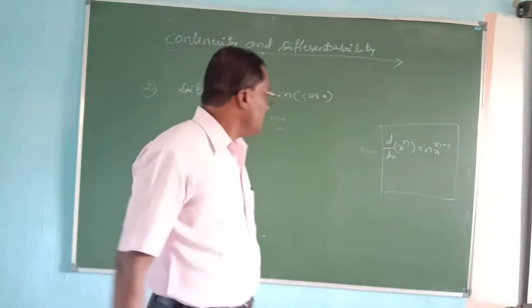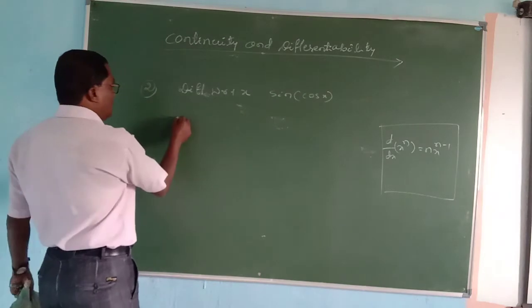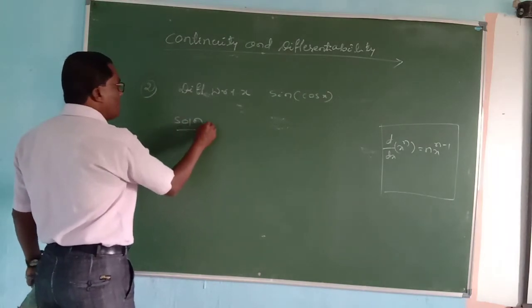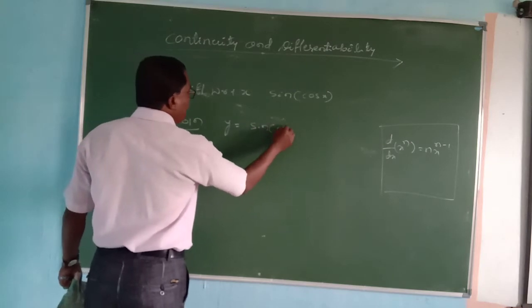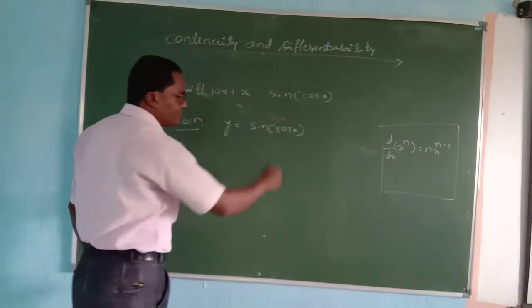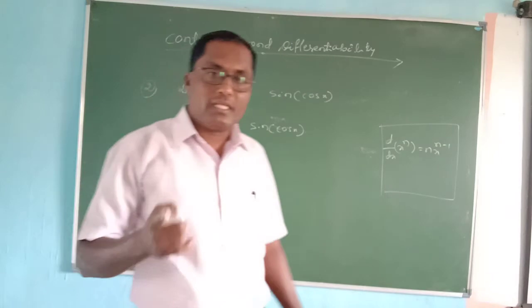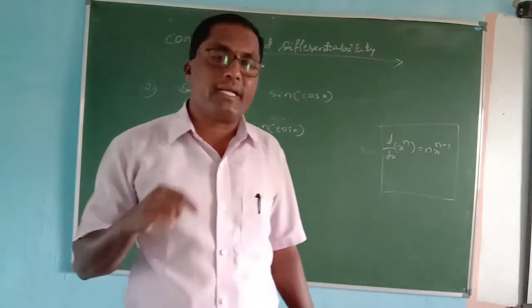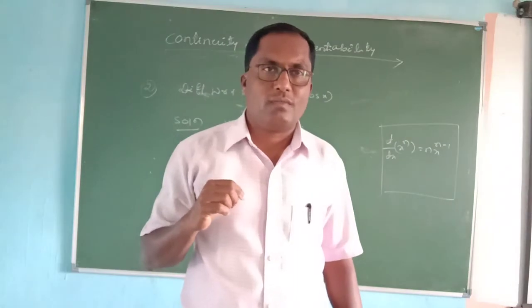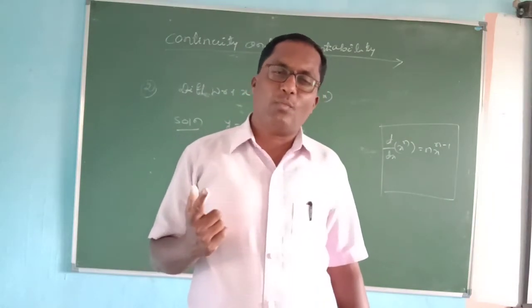Okay? Yes. Now I write the solution. Y is equals sine of cos x. See, the chain rule is there in your textbook, and the direct method is there also, you know. Which method is very easy to you people?